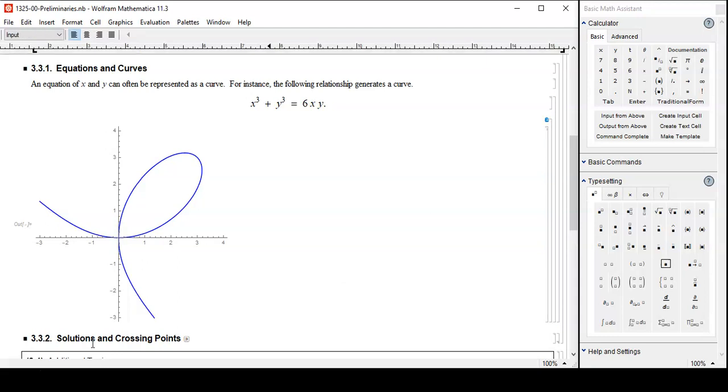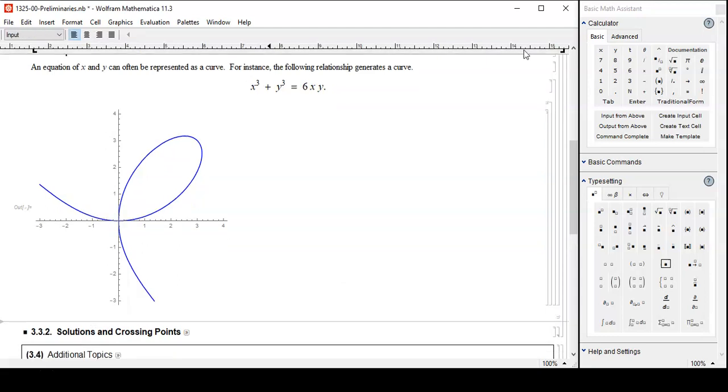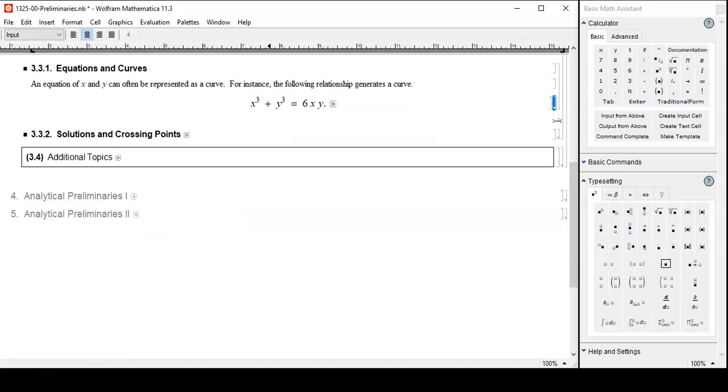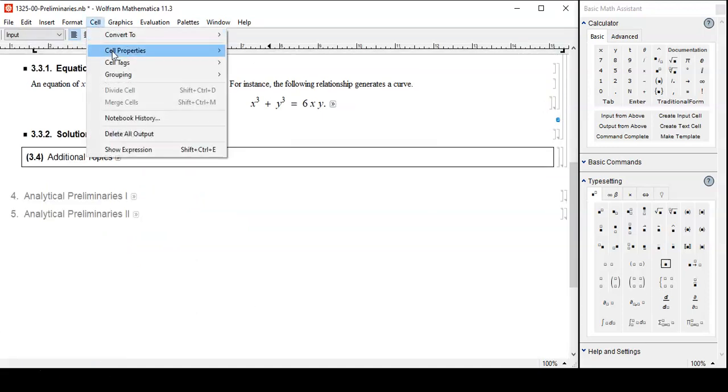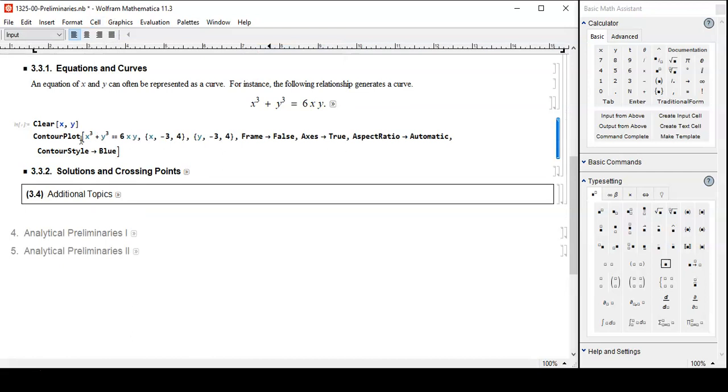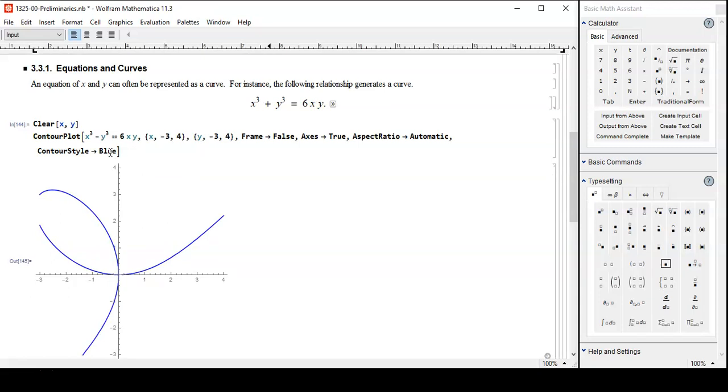Let's have a little bit of fun. I don't want to change this, so instead of this, let me change it. It didn't change much. This is where it was. Let's see.